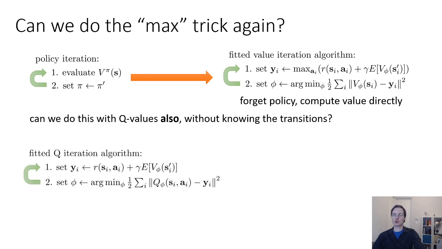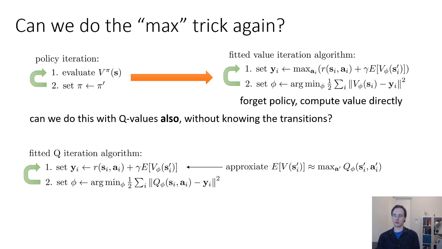So the way that we construct a fitted Q iteration algorithm is very much analogous to fitted value iteration. We construct our target value yi as the reward at a sampled state action tuple Si, Ai plus gamma times the expected value of the value function at state S prime. And then in step 2, we simply regress our Q function Q phi onto those target values. The trick, of course, is that we have to evaluate step 1 without knowing the transition probabilities.